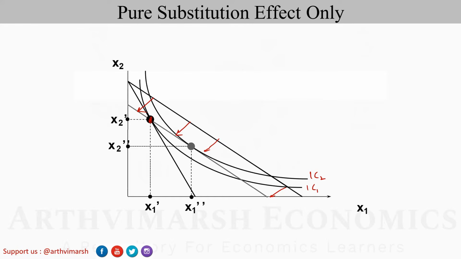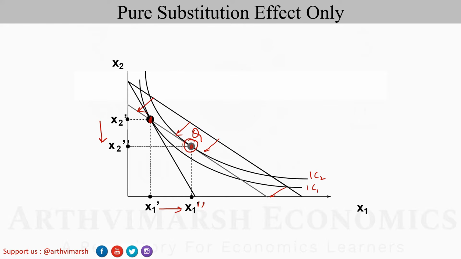The point at which IC2 is tangent to the new budget line, the one obtained by the compensated variation approach, will be this. Let us say it's point Q. Now observe at point Q, your x1 has increased from x1 prime to x1 double prime, and your x2 consumption has gone down.